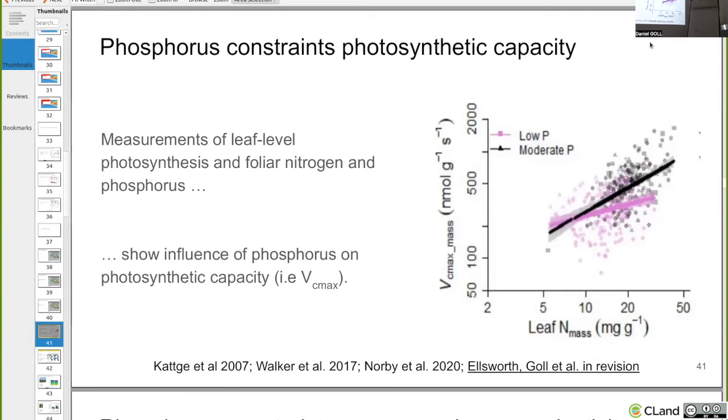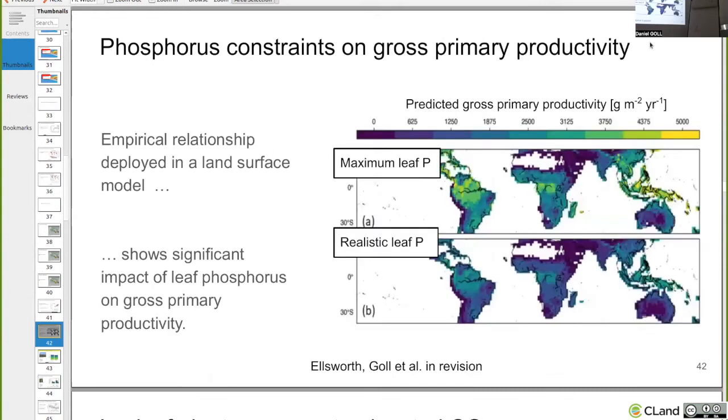Other studies speculated that phosphorus might play a role too, and the study by Ellsworth for the first time robustly showed that the relationship between photosynthetic capacity and leaf nitrogen on the x-axis is different for species with low or high phosphorus concentration in the leaf. We derived an empirical relationship relating the photosynthetic parameters of the FvCB model to leaf nitrogen and phosphorus concentration and plugged it into ORCHIDEE-CNP to simulate the gross primary productivity of the pan-tropical zone.